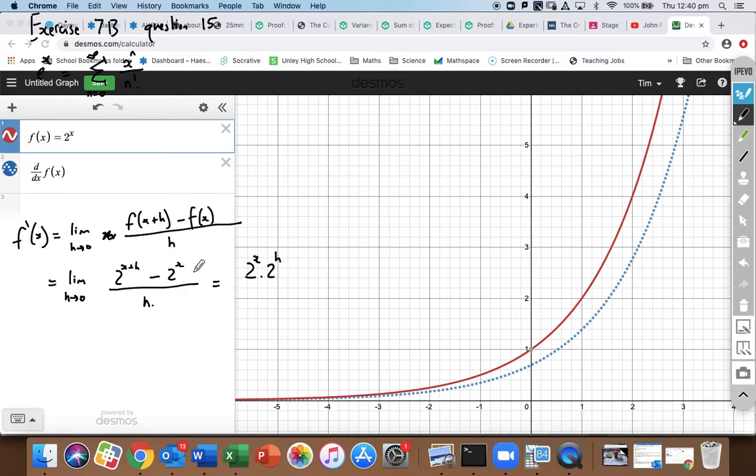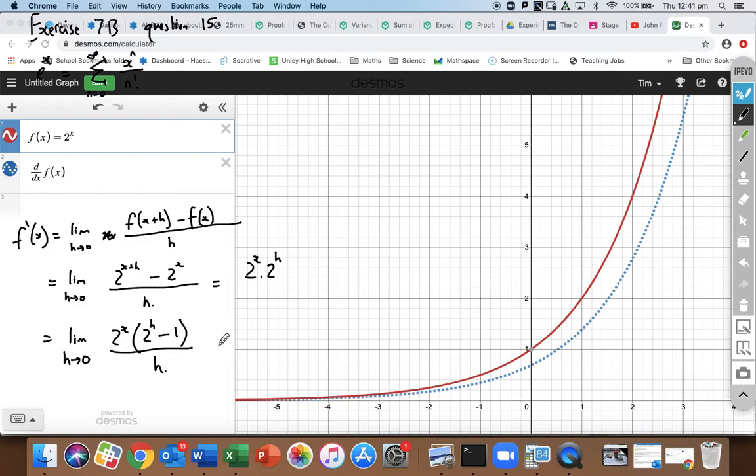When we add powers, it's like multiplying with the same base. And I'm just doing that so that you could see that I could pull out the original function, the 2 to the x. It's a common factor in this numerator here. I'll be left with 2 to the h minus 1, all divided by h.